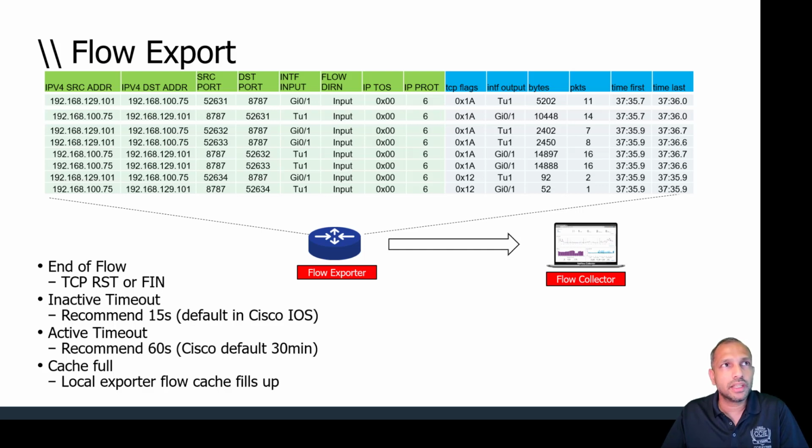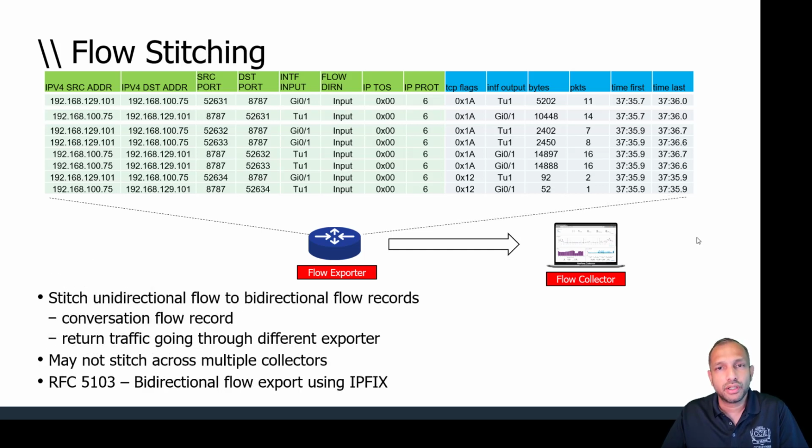So one thing is what we call flow stitching. You need to know what flow stitching means. In a NetFlow conversation, we said all these records we are exporting are unidirectional flows. That means for client and server communication, this will have two different flows. But from your point of view, to understand it, you like a bidirectional conversation.